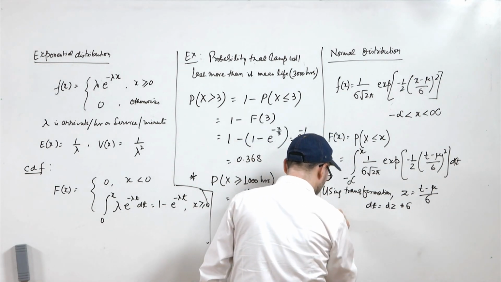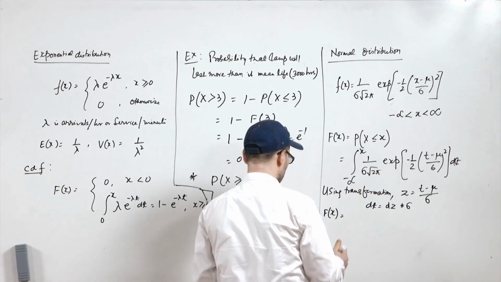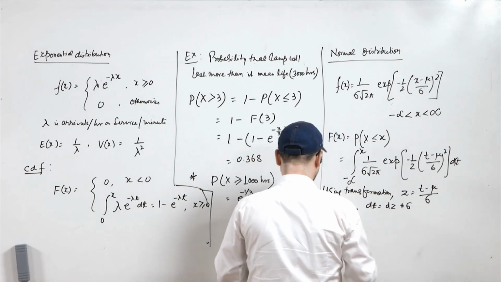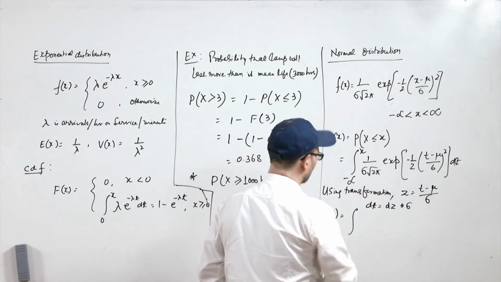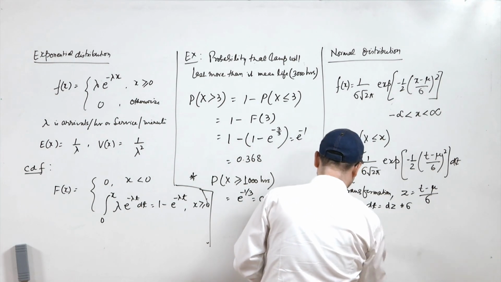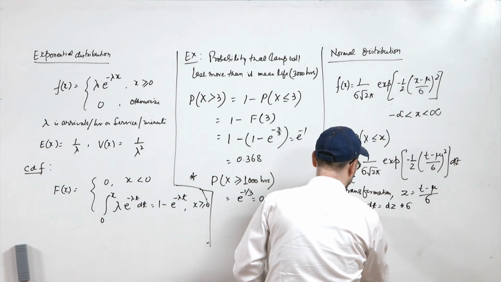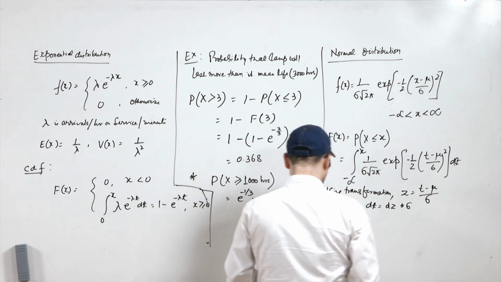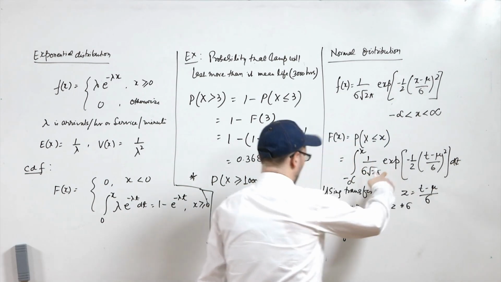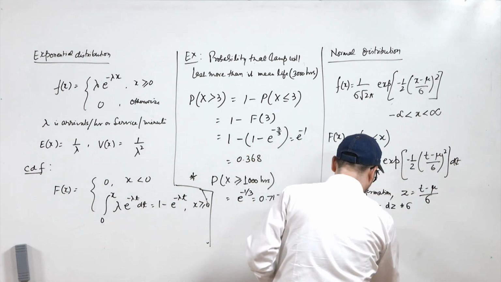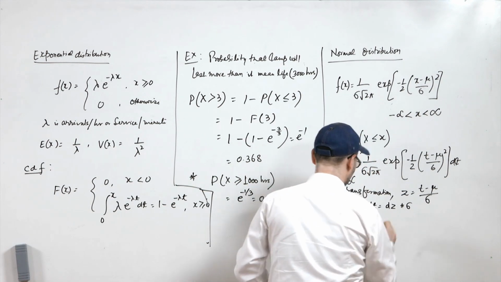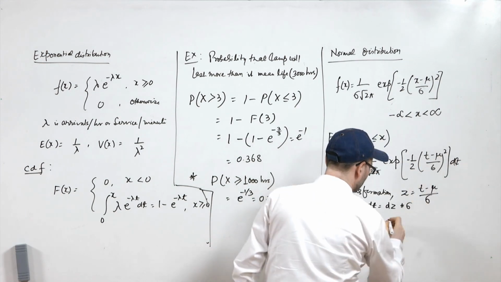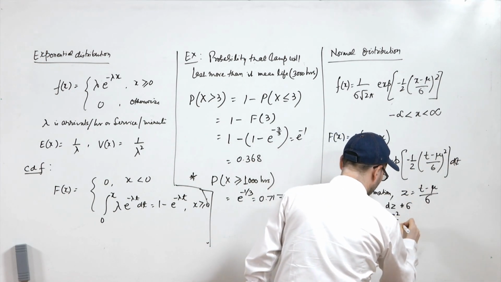In that case F(x) comes out as the integral from 0 to (x minus mu) by sigma, because this t is expressed by x, of 1 by root 2 pi e raised to the power minus z square by 2 dz.